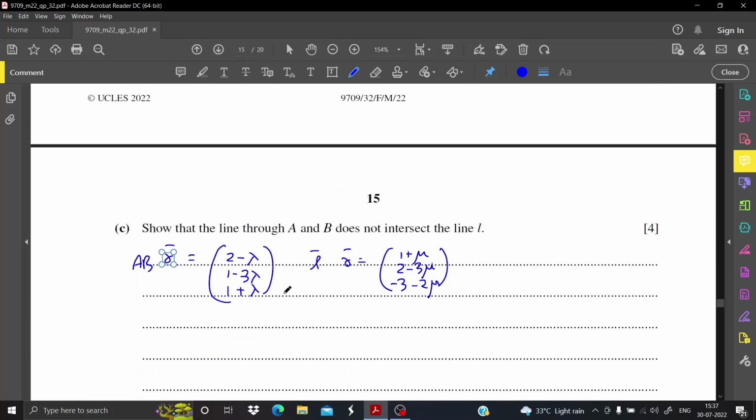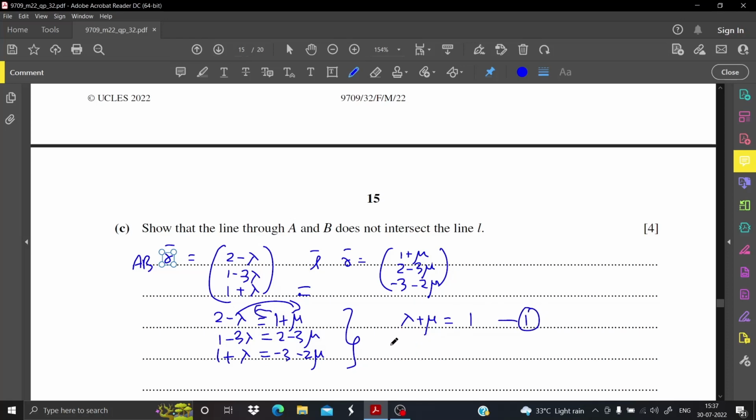So here what you do is equate the two lines. The concept is very simple here. So 2 minus lambda equals 1 plus mu, then 1 minus 3 lambda equals 2 minus 3 mu, 1 plus lambda equals minus 3 minus 2 mu. So from here, get the lambda to the other side, you get lambda plus mu equals 1. This is equation 1.